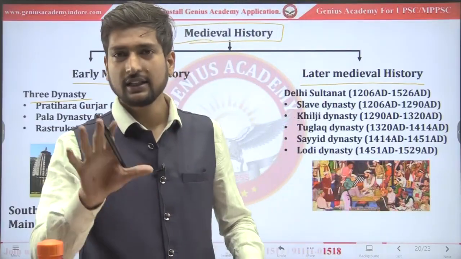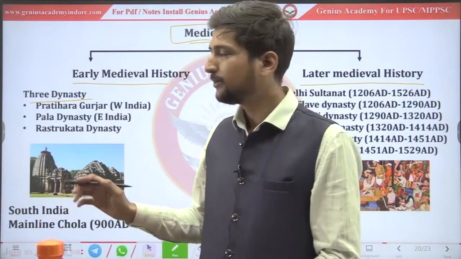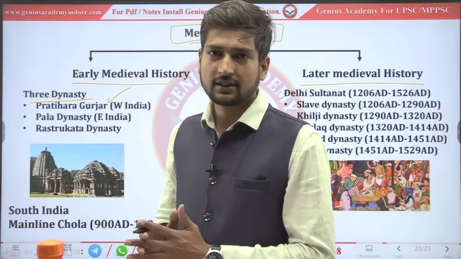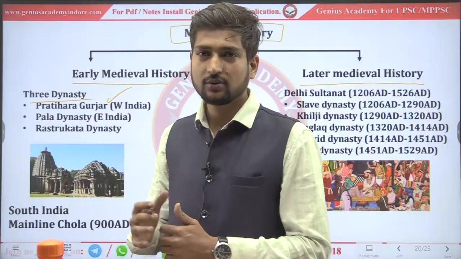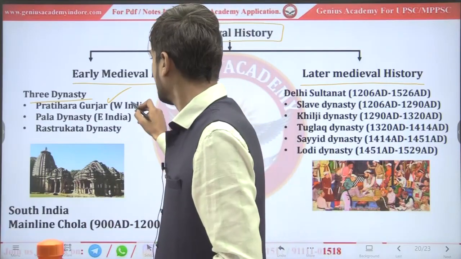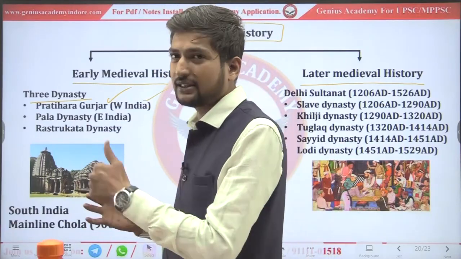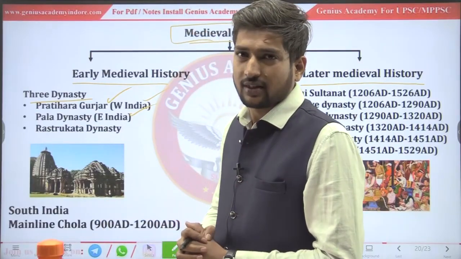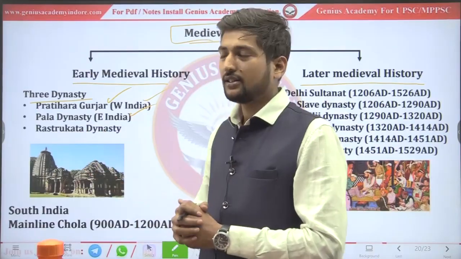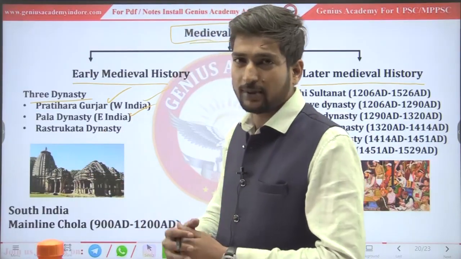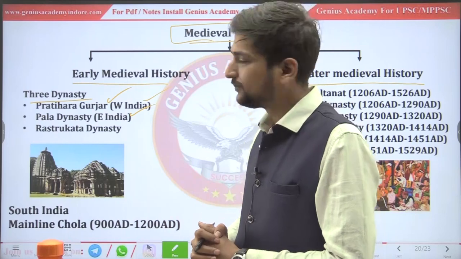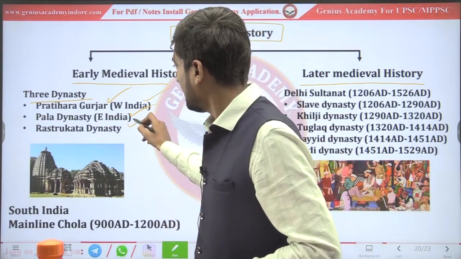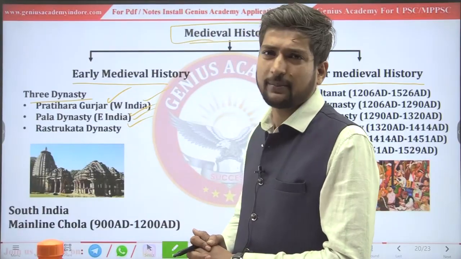The Pratiharas, who were Gurjara tribes that used to live in West India, the Pala dynasty, which gave so much aid to Buddhism, and the Rashtrakuta dynasty. The Pala dynasty ruled over Bengal.